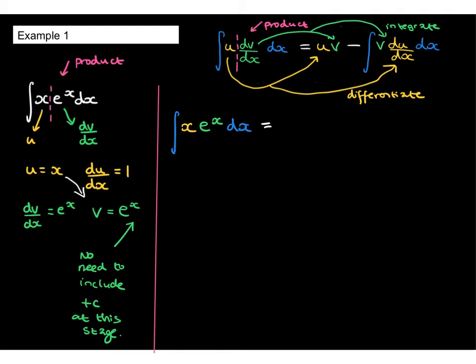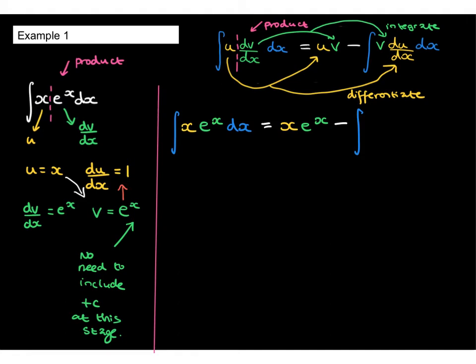So that's x multiplied by e to the x. And then following the formula, we need to subtract from that the integral of v multiplied by du by dx. So that's this multiplied by this.